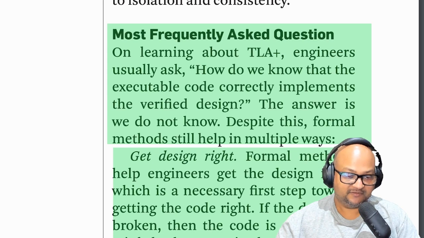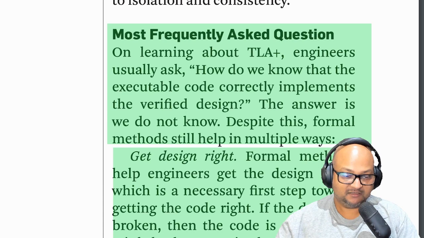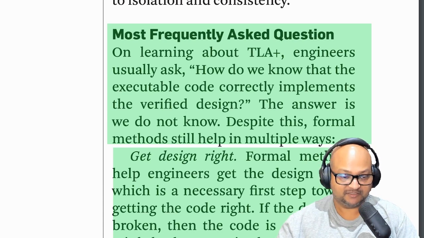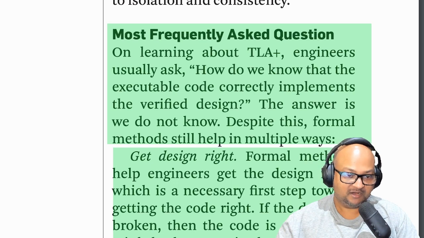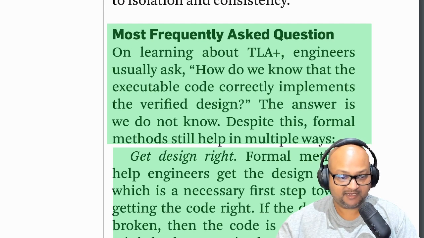The second level at which one could apply formal methods is to then prove that the code meets the specification or meets the design. What the authors are talking about in this paper is the former, which is they want to specify their design formally and prove it correct with respect to some high-level properties that they want it to satisfy.